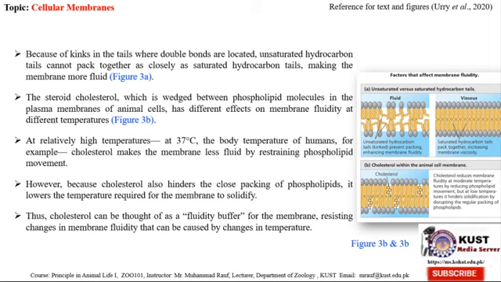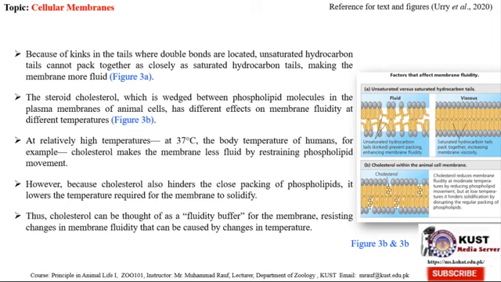So when the membrane solidifies, its permeability changes and enzymatic proteins in the membrane may become inactive if their activity requires movement within the membrane. So the movement of the proteins that are embedded in the plasma membrane is hampered when the plasma membrane solidifies.